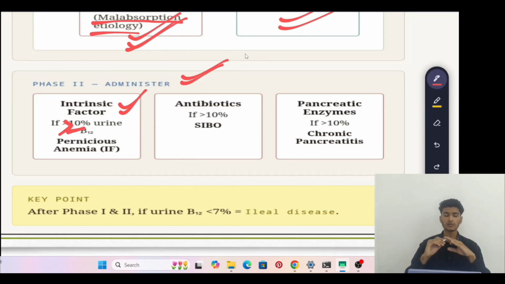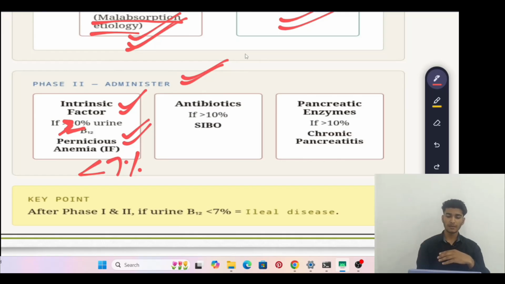But if it is less than 7%, we can say he has pernicious anemia. Why intrinsic factor? We gave intrinsic factor because we thought the malabsorption might have been caused by the loss of intrinsic factor, which is important for the absorption of vitamin B12. If we get more than 10% in the urine, the patient is normal. If we get less than 7%, he is suffering from pernicious anemia.